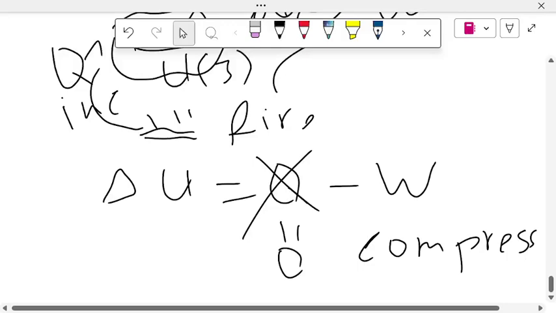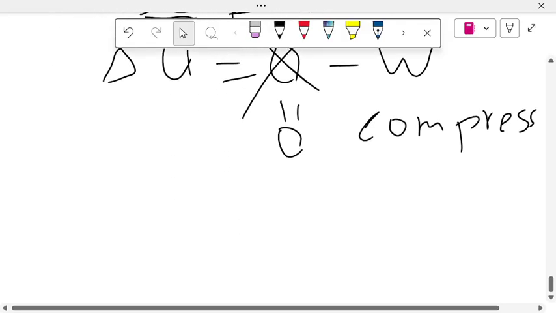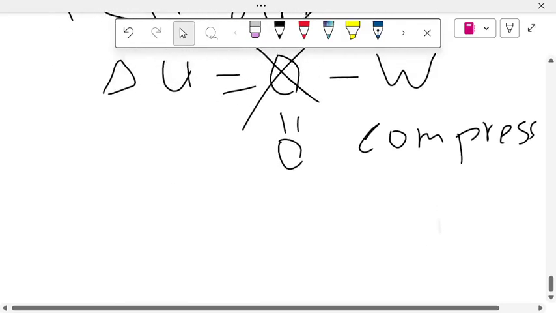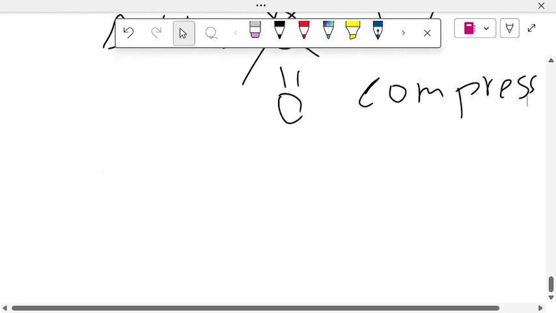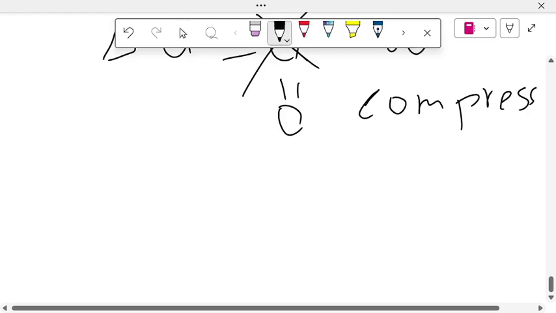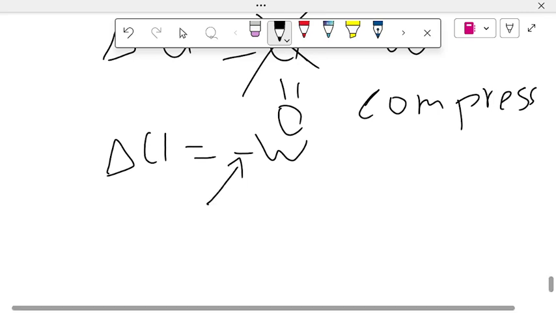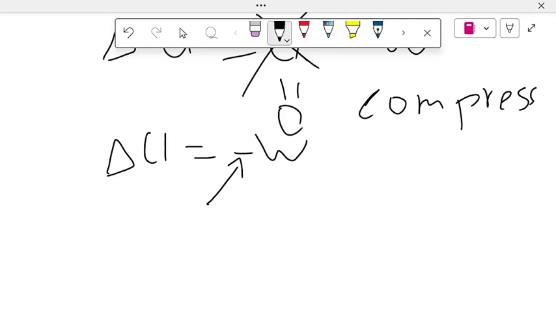Okay, so in that case you see this is minus work. This is from the exterior. So I give mechanical work to the gas.